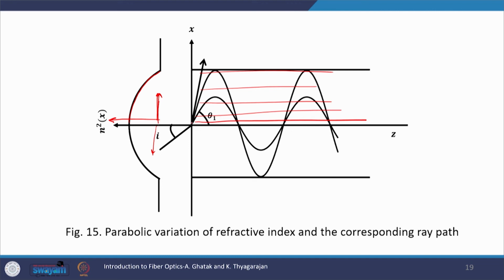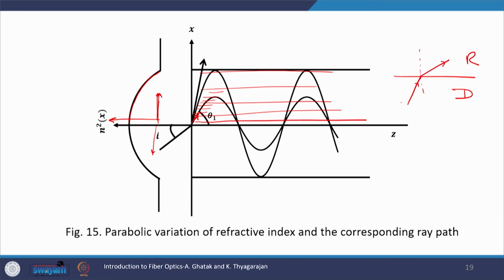Say we launch a light at this angle, then what will happen? Due to continuous variation of refractive index, and as the light is moving up, it is seeing rarer medium. Okay, therefore, every time it is moving away from the normal. Yeah, because if the light moves from the denser medium to rarer medium, we know that it moves away from the normal.